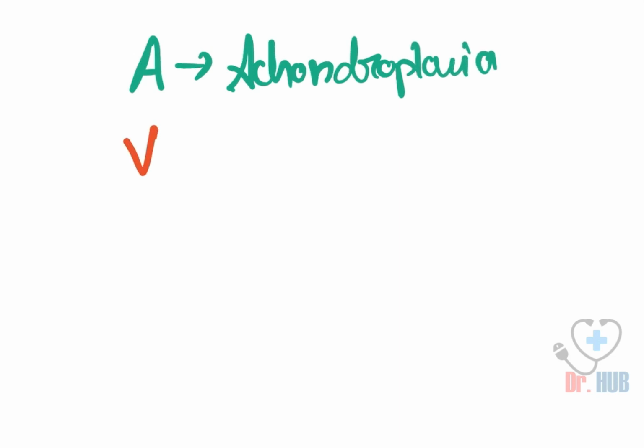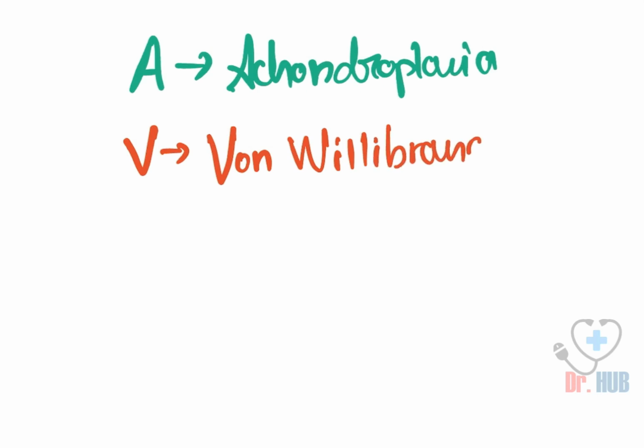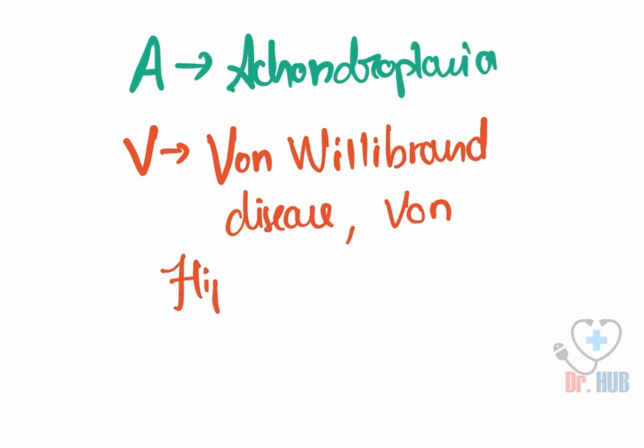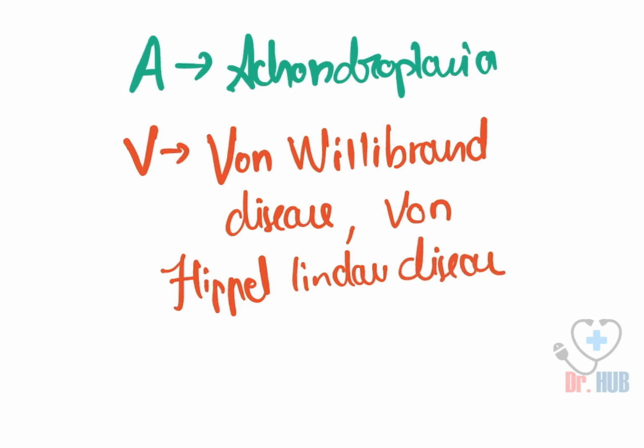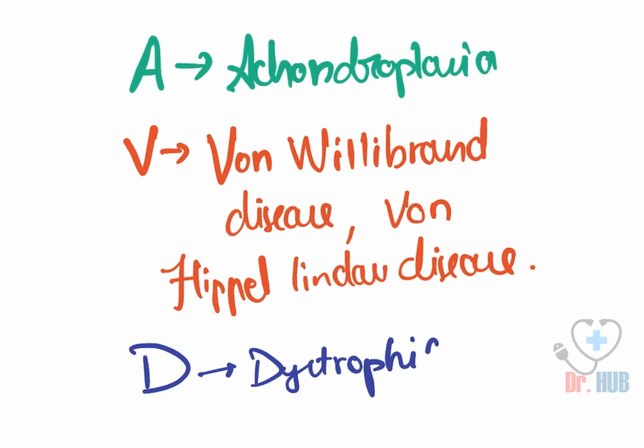Then V. V for von Willebrand disease, or also the von Hippel-Lindau disease. Next we look at D. So we said the mnemonic is heavy dominant, so D. Under D, there is dystrophia myotonica.